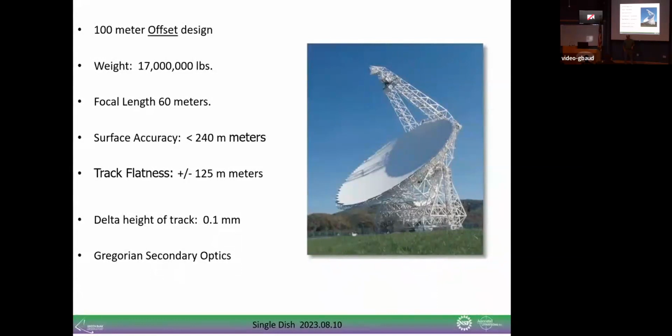So there's a turret, receiver room and turret, and that's where all the secondary focuses are. You get to rotate the secondary focus with the different bands from L band up in frequency, whereas from below L band, you only have one focal point and one receiver. So you have to change receivers in order to observe different frequencies below 1 gigahertz.